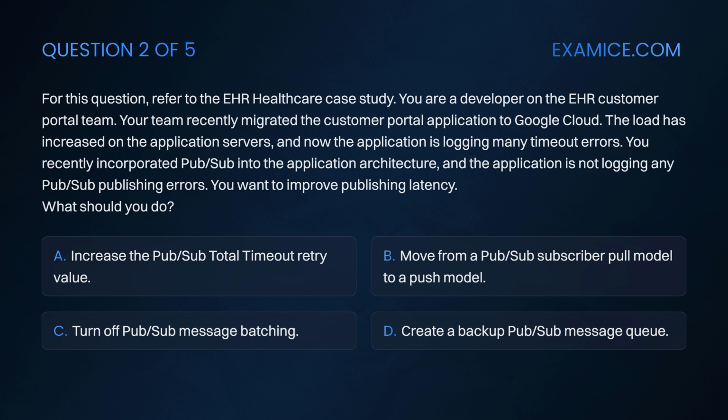You want to improve publishing latency. What should you do? Option A, increase the Pub/Sub total timeout retry value. Option B, move from a Pub/Sub subscriber poll model to a push model. Option C, turn off Pub/Sub message batching. Option D, create a backup Pub/Sub message queue.